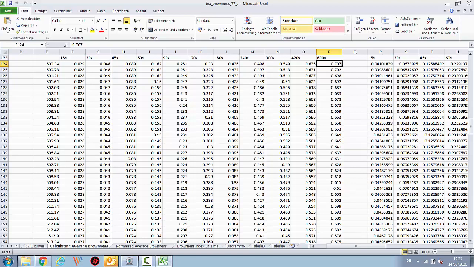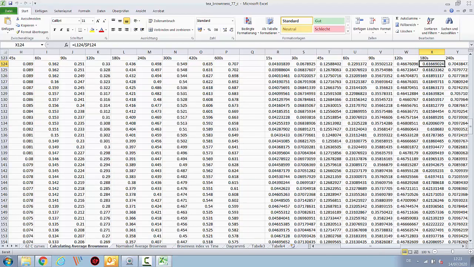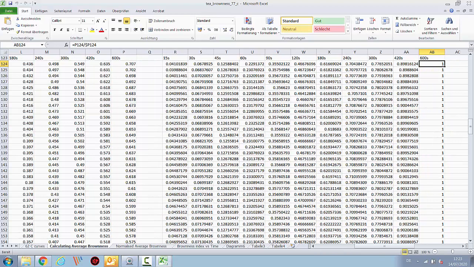To avoid that mathematically, I've divided them by the value at 600 seconds to normalize. That means this column, 600 seconds, is all 1 because it's divided by itself. All of the others are less than 1.